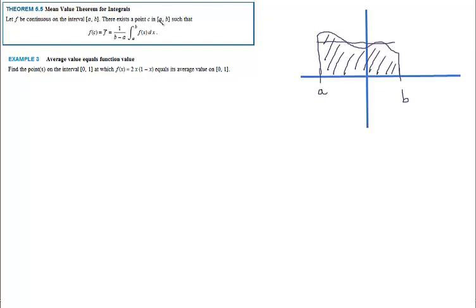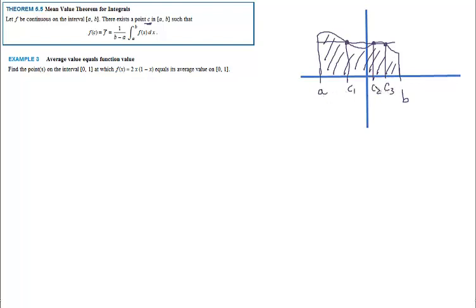What the mean value theorem says is when you get that average height, there must exist, as long as it's continuous, some c where the average height is on that function line itself. And in my case, what I drew had a C1, a C2, and a C3.